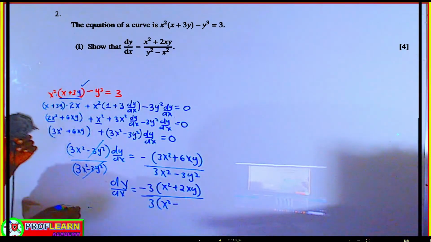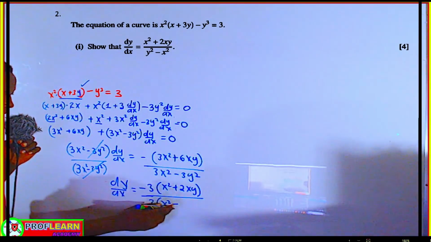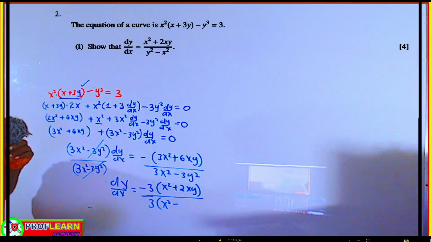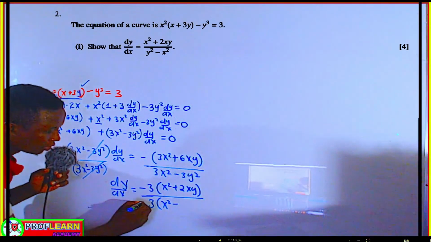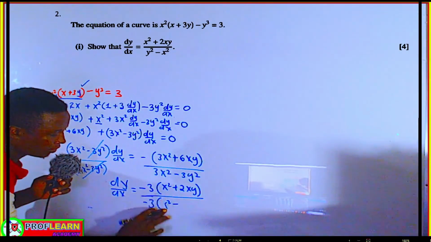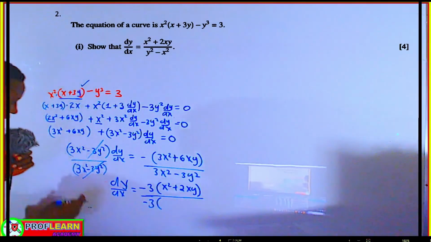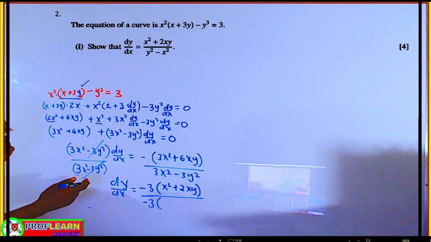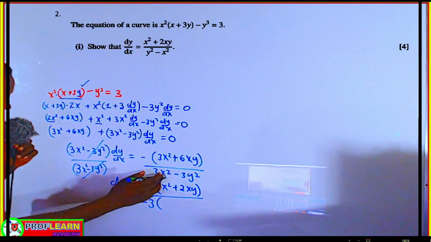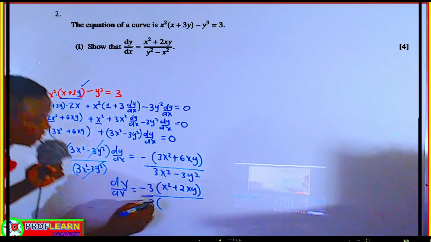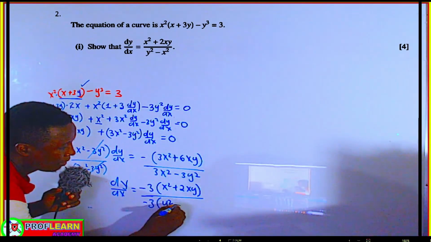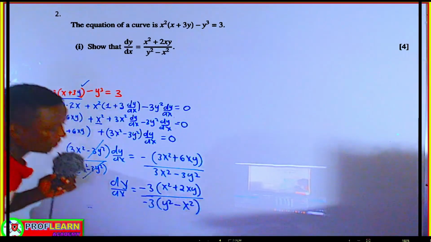So if I decide to factor negative out, because the expression is not having a negative, I can factor out negative 3, so that this negative is going to change a few things here. Because this term is having a negative, we shall have y squared minus x squared at that given point.